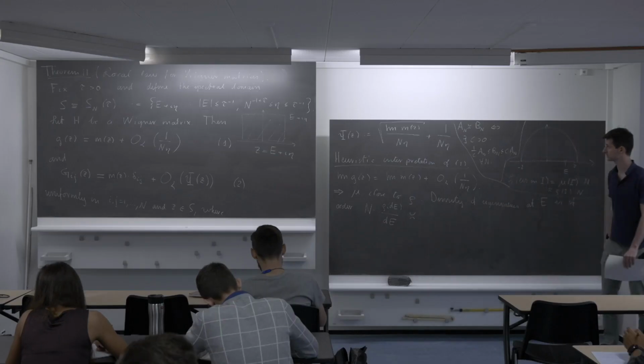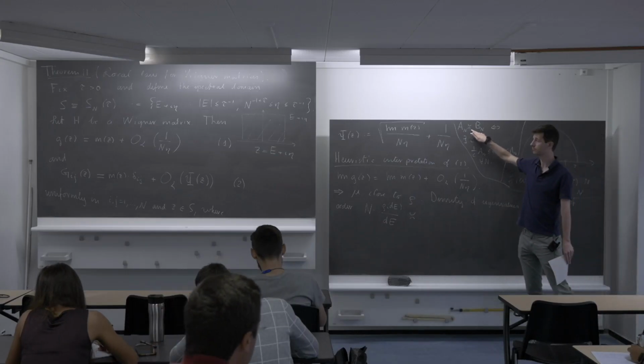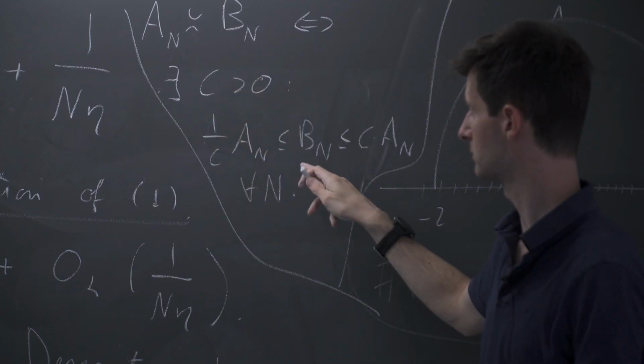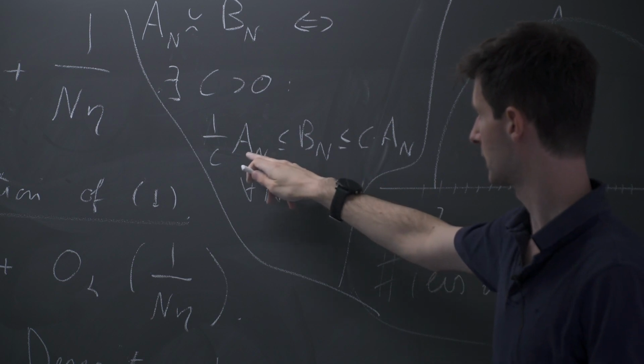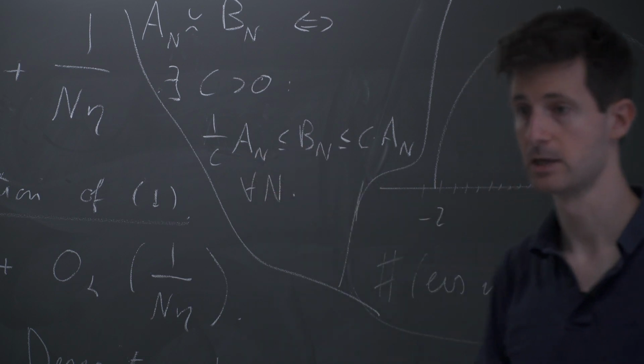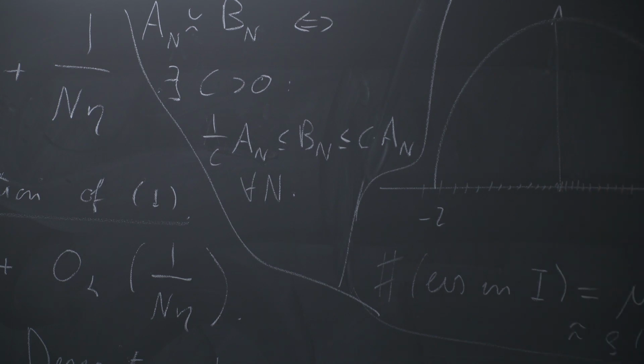So I use this asymptotic notation, which means of the order of, to mean that there exists some positive constant c, typically large, such that a_n is bounded from above and from below by b_n up to this constant c.